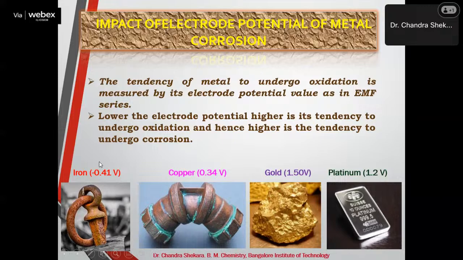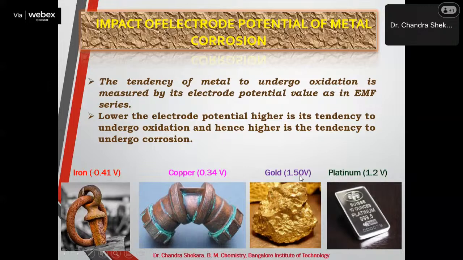The lower the electrode potential, that is, the more negative the potential, the more is the tendency to undergo oxidation, and the more is the tendency to undergo corrosion. Copper, which has a potential of 0.34 volts, a positive potential value, always shows a lesser tendency to undergo corrosion than iron metal.